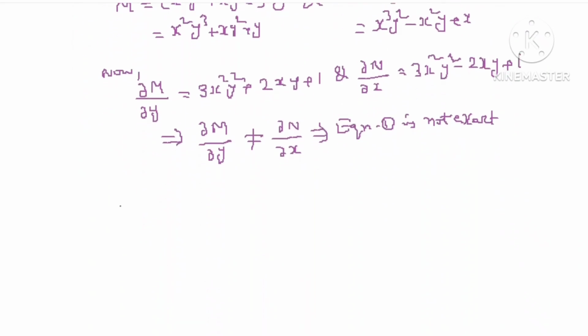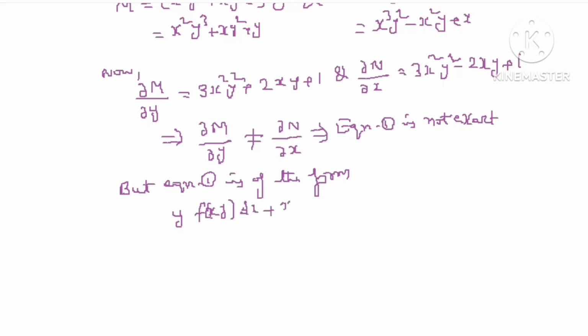So equation 1 is of the form y f(xy) dx plus x g(xy) dy is equal to 0, and Mx minus Ny is equal to, what is M? x square y cube plus xy square plus y.